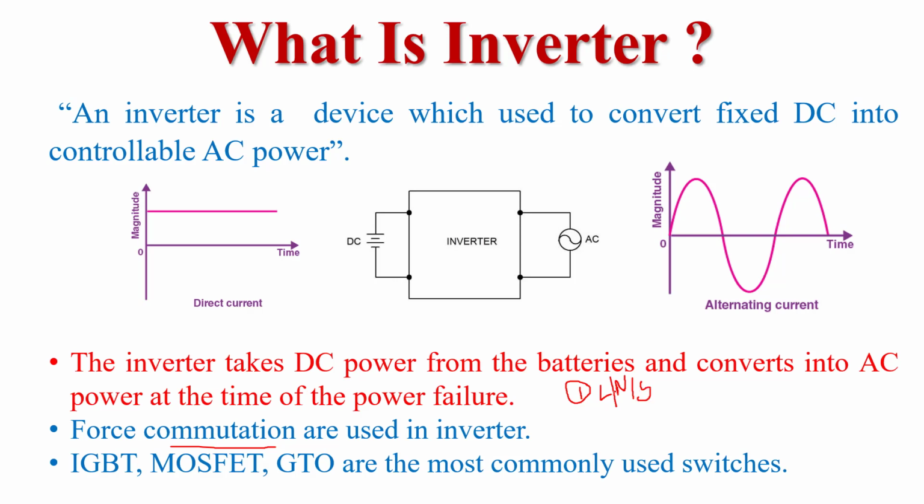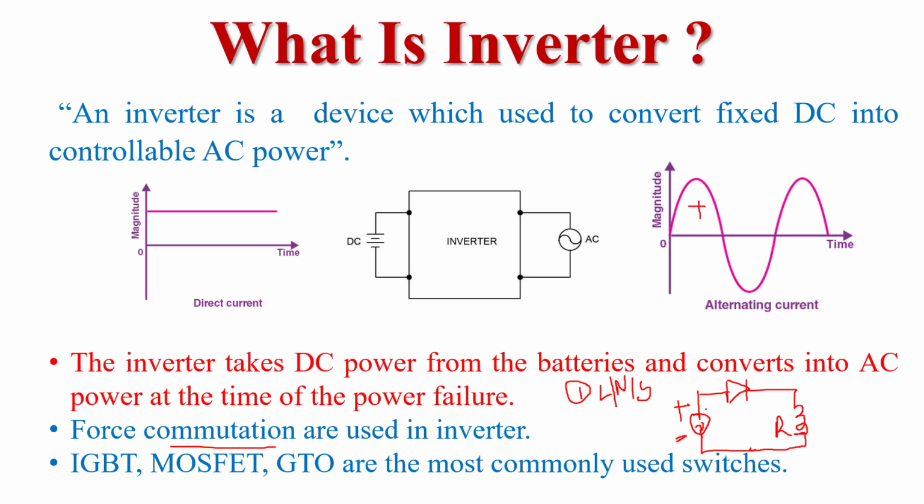In the case of self commutation, let us assume this is the circuit. Here we give an AC power supply, and this is the main component of the circuit, the diode. Let us assume here we use a diode, and this is the load resistance R L. Now, when we give the AC input supply, during the positive half cycle of the AC supply voltage, what happens? During the positive half cycle, this terminal is positive and this terminal is negative.